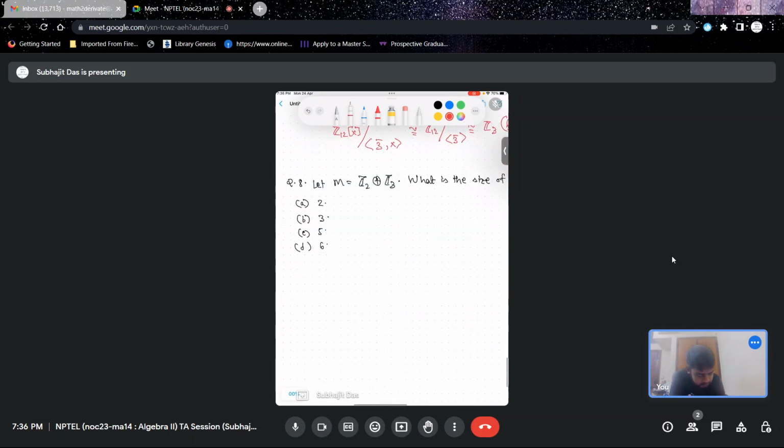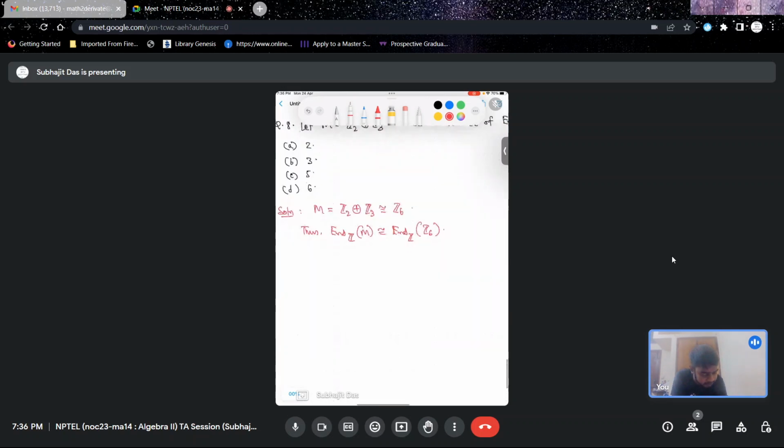Okay, solution. M, which is Z2 direct sum Z3, is actually isomorphic to Z6. Thus endomorphisms over Z of the object M are in bijection with endomorphisms of the Z module Z6.